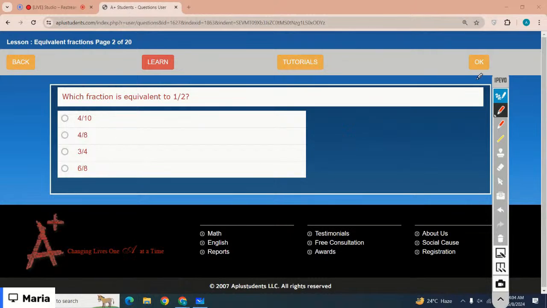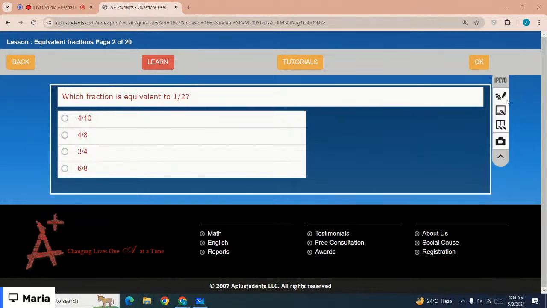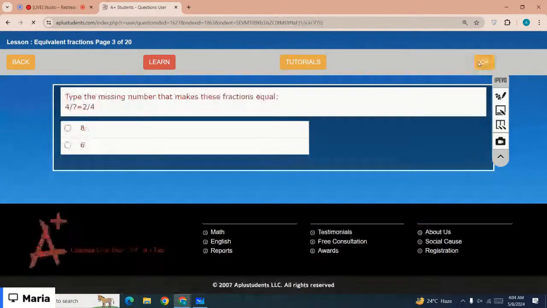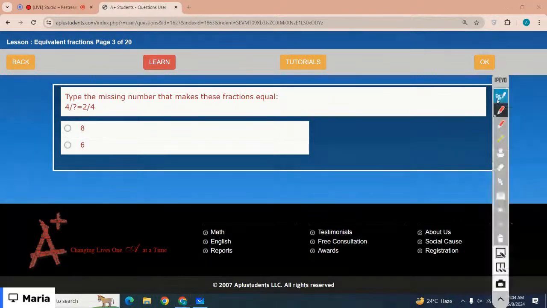Okay, the next one. Type the missing number that makes the fractions equal. You are given 2 over 4 that equals 4 over missing number.